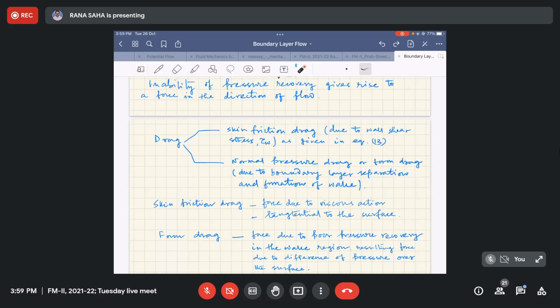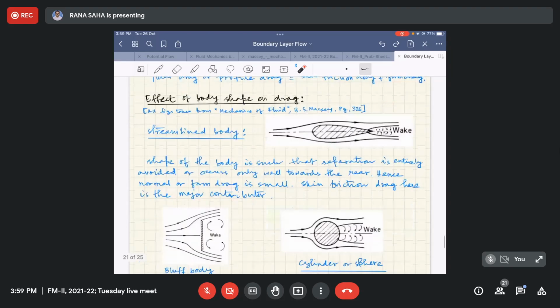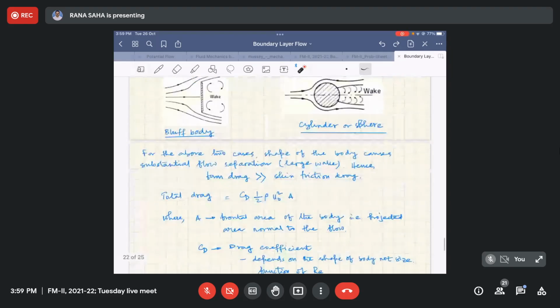So if you are able to measure the pressure difference across the body, that means if you consider the front point and the rear point with some pressure probe, and you can measure the pressure drop delta P, then directly you can find out the drag. That is this one.